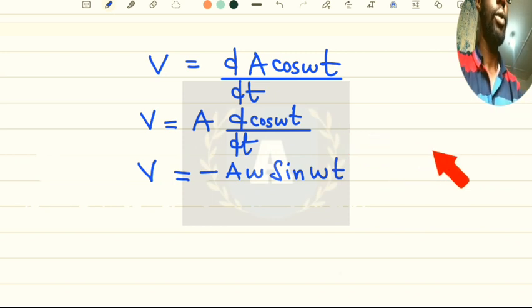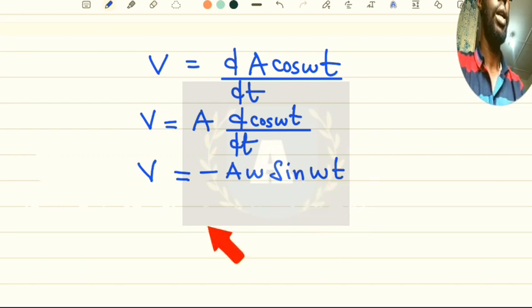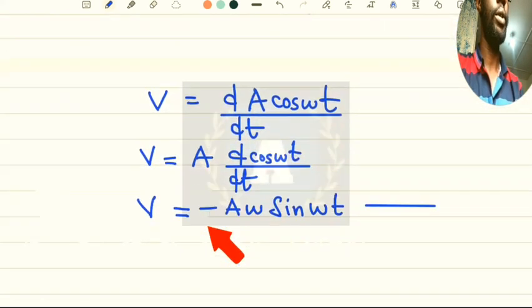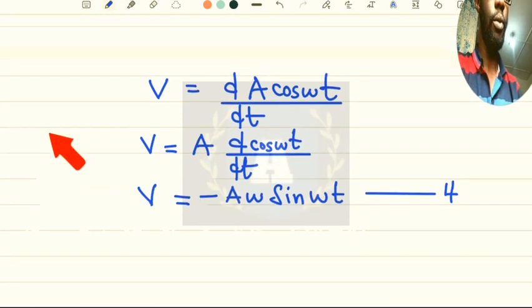So when we differentiate this cos omega t with respect to t, we have minus A omega sine omega t. That we use to calculate velocity, and that will make it the fourth equation, number 4.